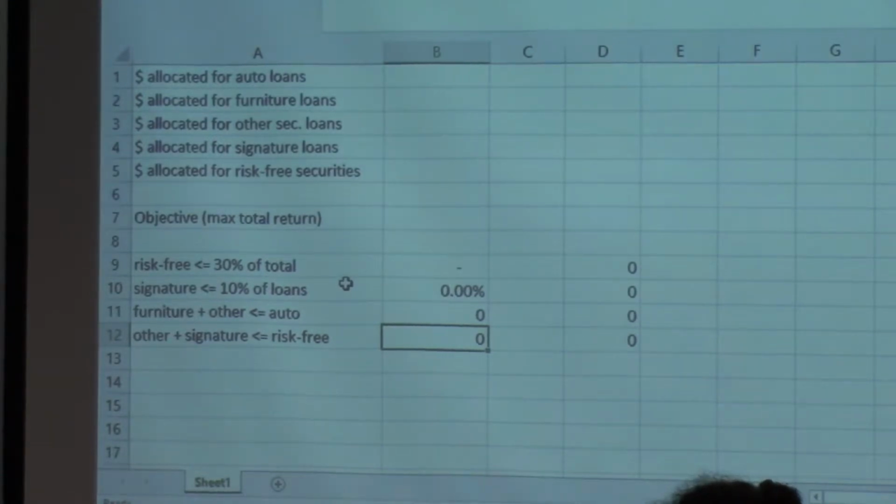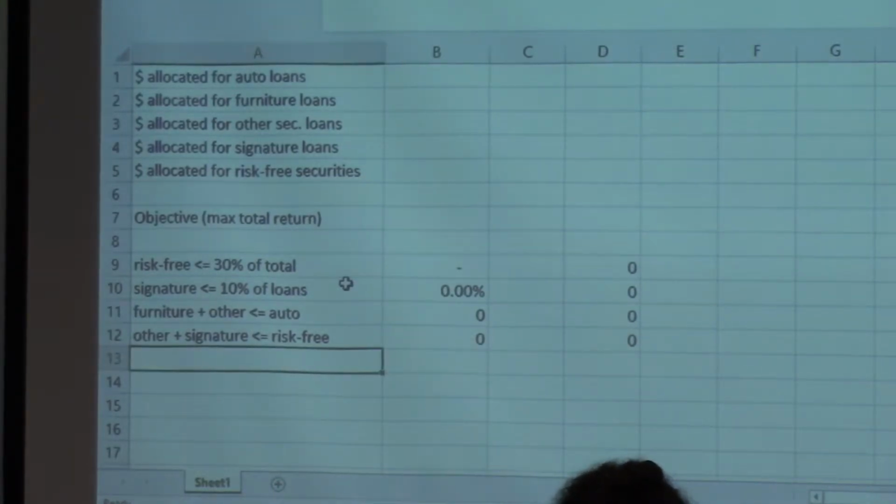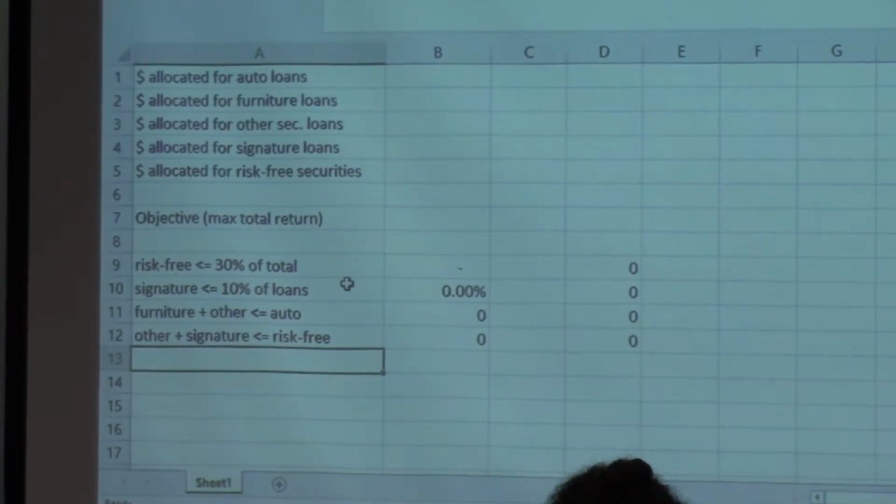All right, back corner. What's another constraint for this problem? All of the loans together should be less than 2 million. Yep.